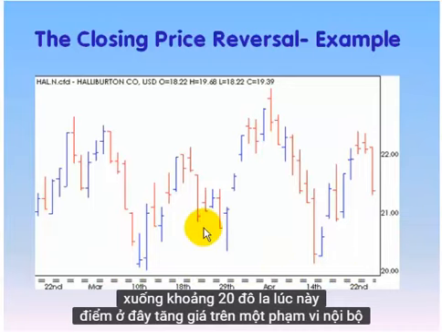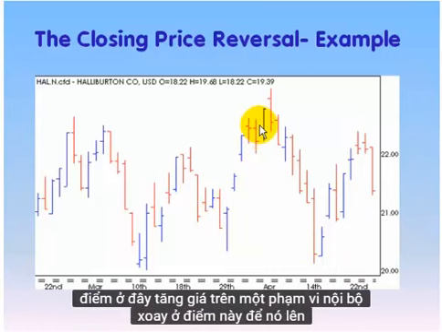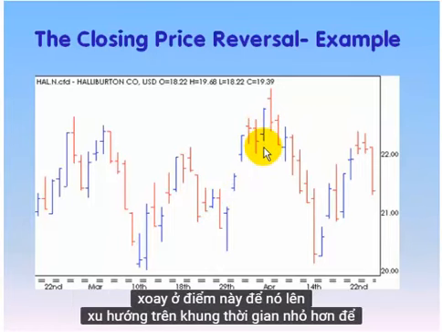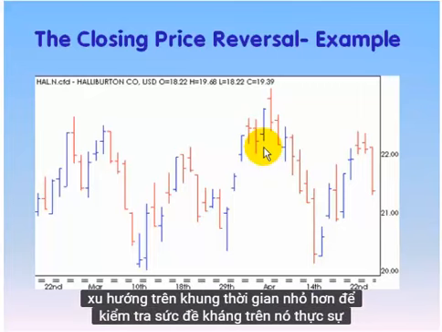Price rises on an intra-range swing at this point here. So it's uptrending on the smaller time frame to test the upper resistance.